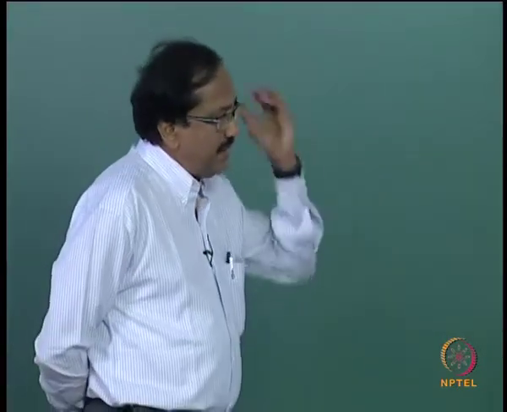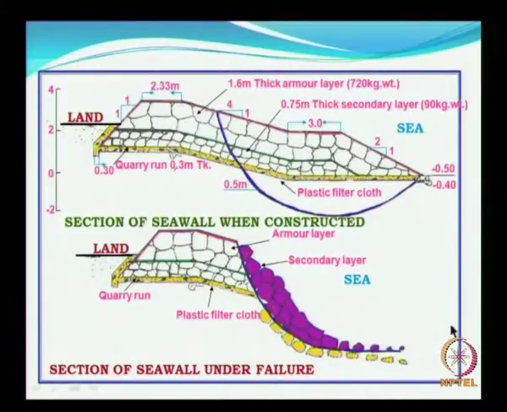When you have a seawall, the kind of failure is usually based on slip circle failure. If you do not have something to retain this at the toe of the wall, it will yield, and you can have a failure as shown here.